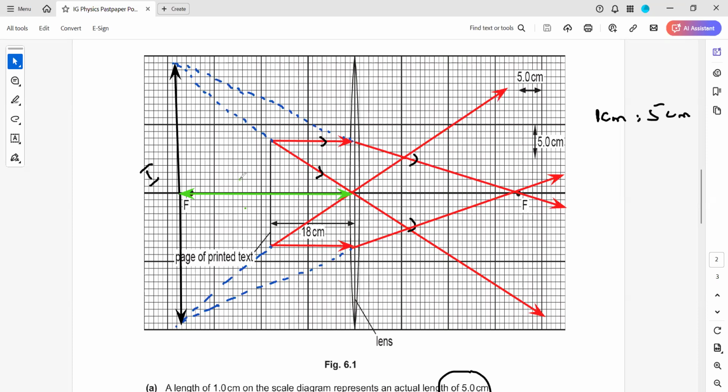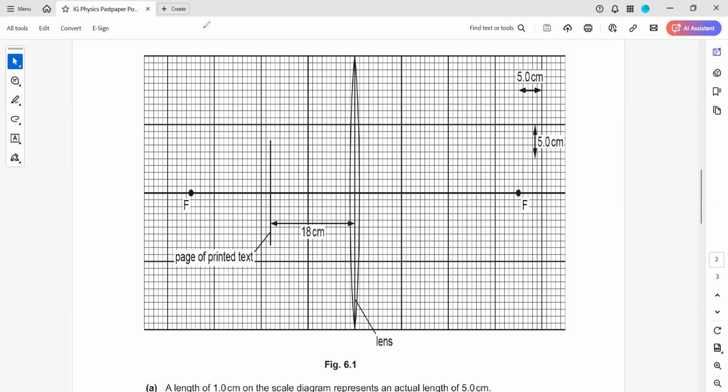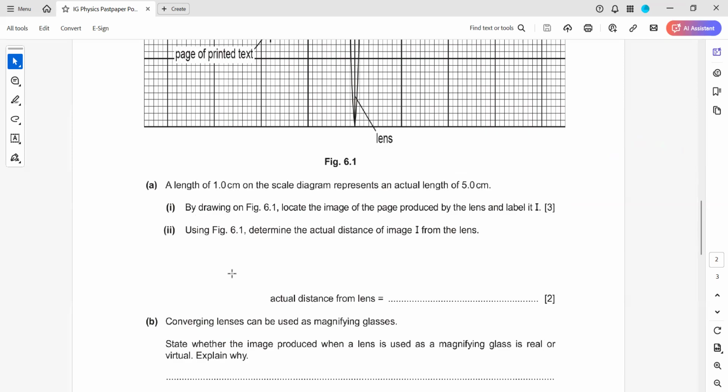Let's say this distance was 5 centimeter, and the actual distance will be x; cross multiply. You cannot have an exact number here, because it depends on the position. So you just have to measure the distance of the image from the lens and use the ratio of the scale.